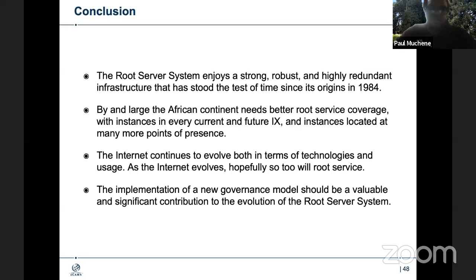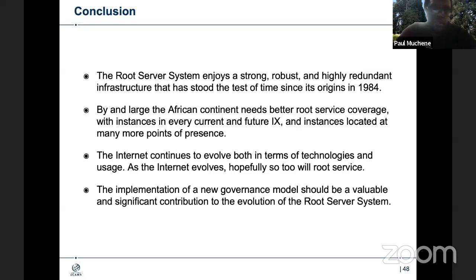And as the internet continues to evolve, both in terms of technologies and usage, the root service will become even more and more critical. This is in line with upcoming trends, including Internet of Things, where we'll have billions and billions of devices. Many of these devices will still rely on DNS to reach services.